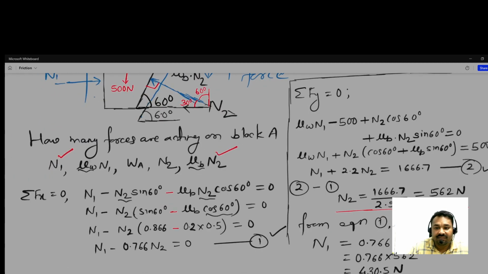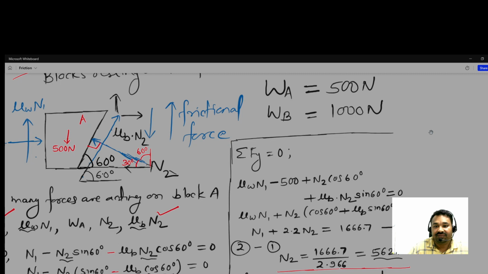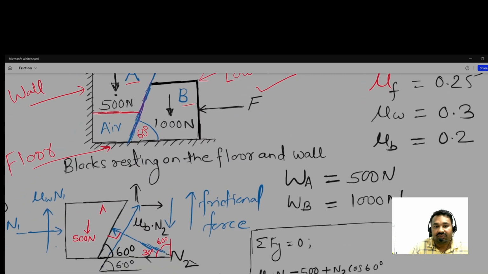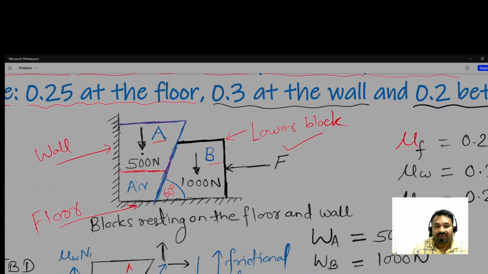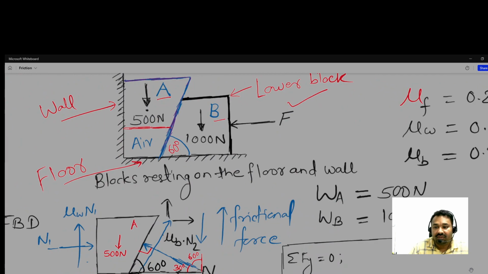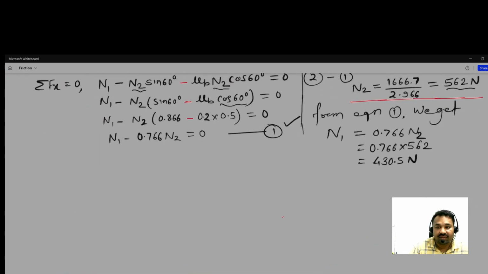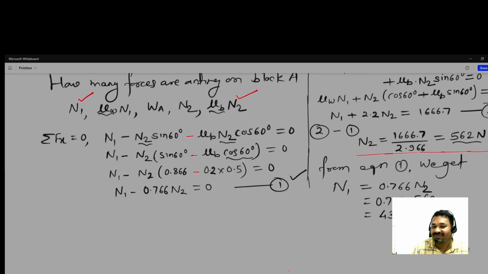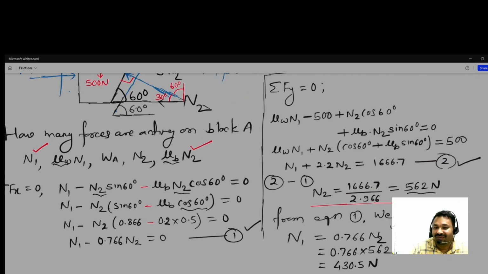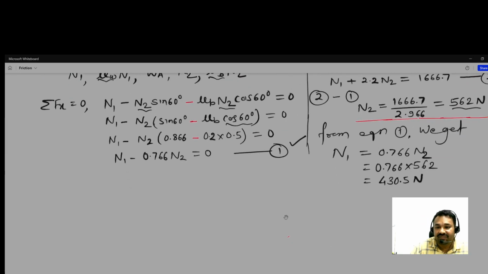And actually we have to get P, meaning the force F. So let us draw the free body diagram of block B. Better if we had started from block B, so that we could know what things are required to be calculated, but it's okay.